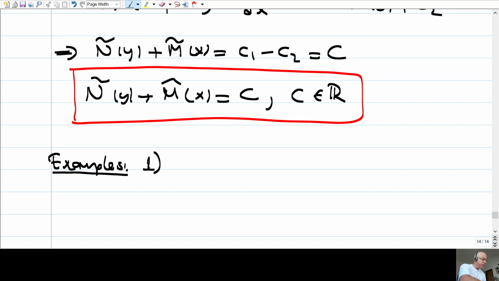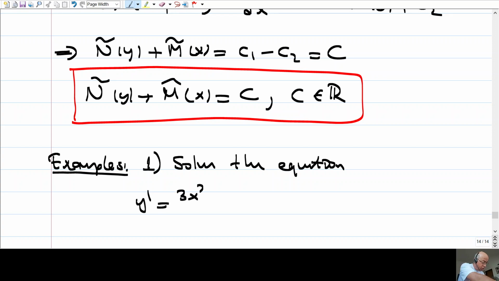Problem 17. Okay. So solve the equation: y prime equals (3x squared minus e to the power x) divided by (2y minus 4).